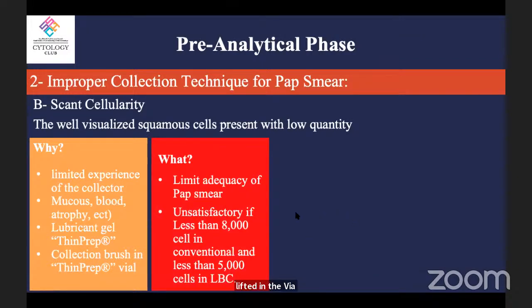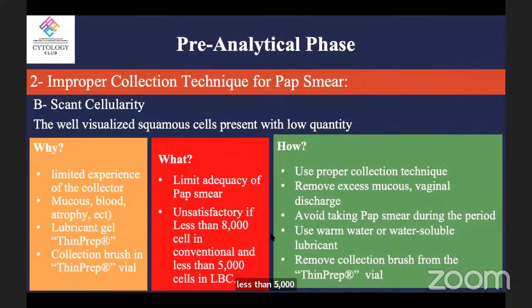What will happen? It will limit the adequacy of the Pap smear and it will be unsatisfactory for evaluation if there are less than 8,000 cells in the conventional slide or less than 5,000 cells in the liquid base.